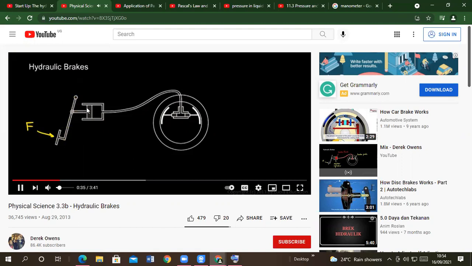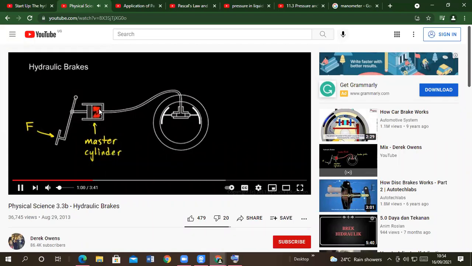So the force will be applied on this piston, which is here. Inside here, we have what we call brake fluid, and the brake fluid is in the master cylinder. This one here is the master cylinder.